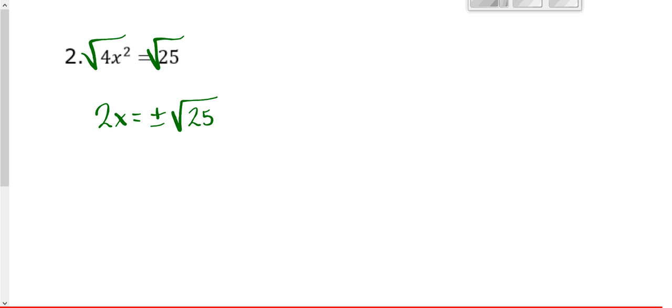Okay, so I'm going to write this 2 times because I have 2x, because the square root of 25 is 5. So really it's 2x equals positive 5. And 2x equals negative 5.